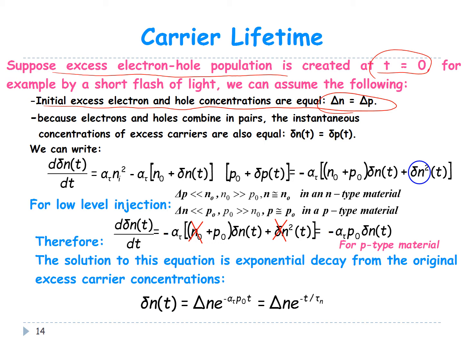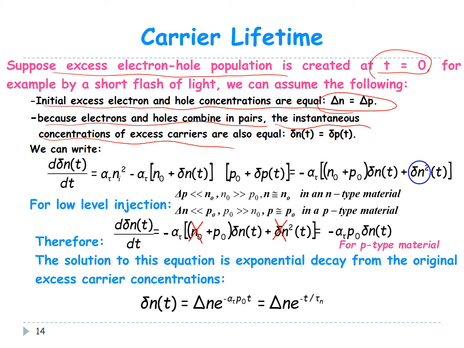You have electron hole pairs when you shine light. So the initial excess electron and hole concentrations, which we represent here by capital letter delta, so we have delta N and delta P, are equal. And because electrons and holes combine in pairs, the instantaneous concentrations of excess carriers are also equal.